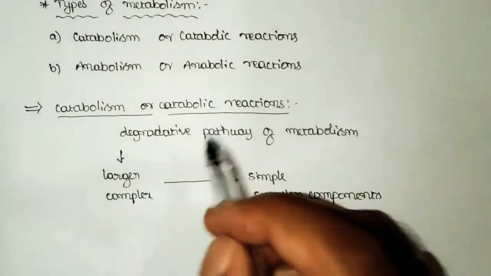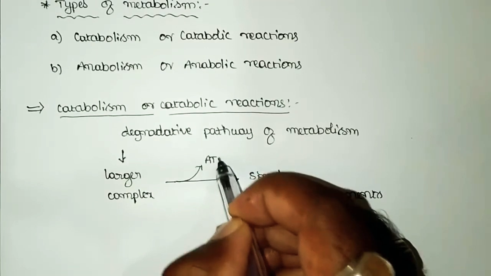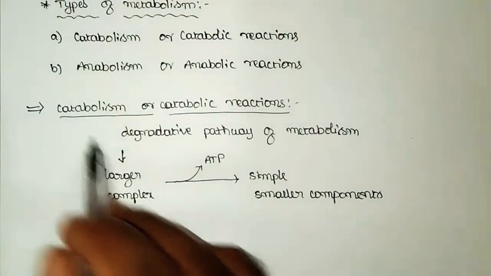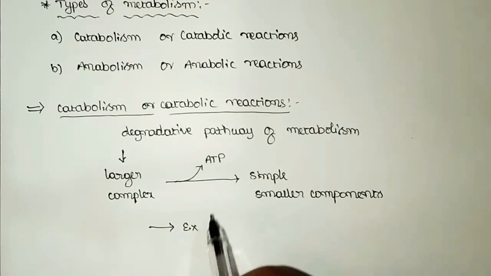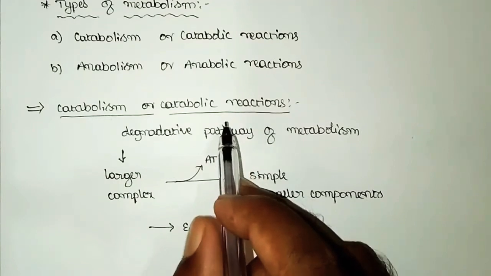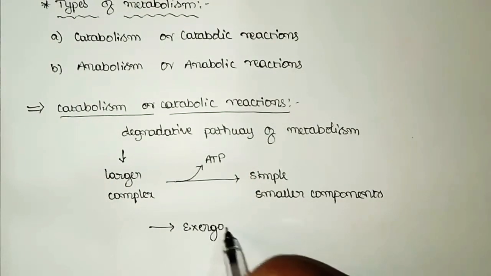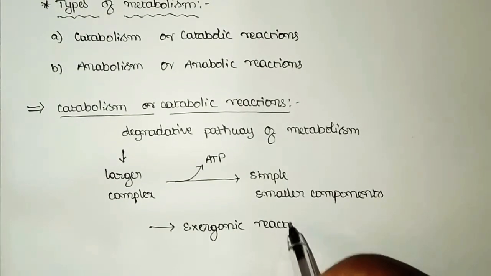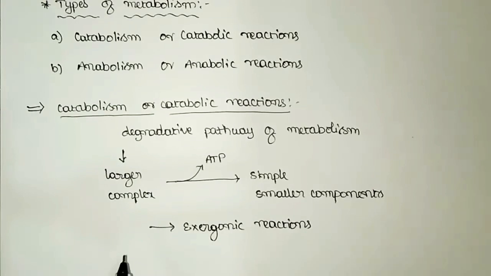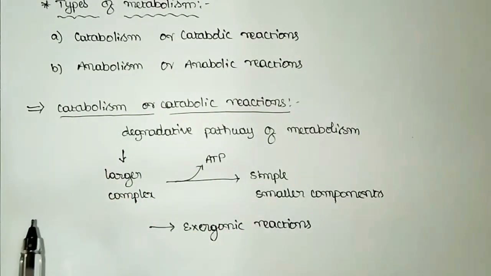And during catabolism, a large amount of energy will be released in the form of ATP. That means majority of the reactions that occur in catabolism are exergonic reactions, meaning more energy will be released in the system. So this is the thing about catabolism.